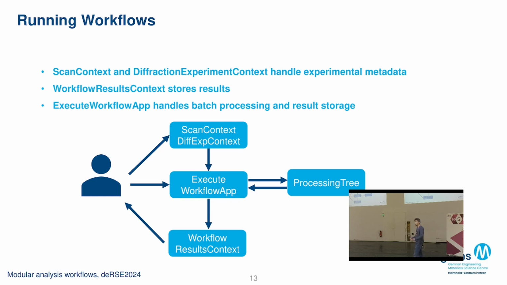If you want to run full workflows, so that was just an example for a single file. That's all good and well, but we usually have batches of up to tens of thousands. So you want to run them by batch processing. There's two contexts which handle the experimental metadata, so they can be set up independently of the processes.